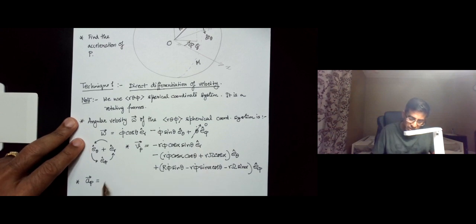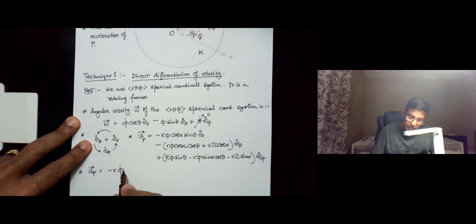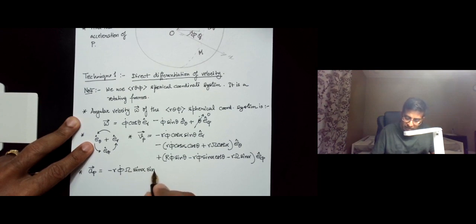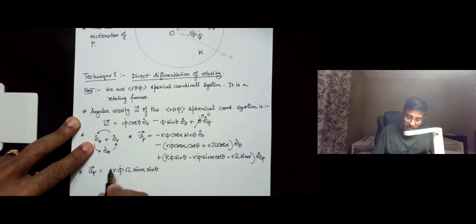So if we differentiate, we have minus r phi dot cosine alpha. If you differentiate it, it's going to become sine alpha times alpha dot, and alpha dot is capital omega. So sine alpha sine theta, and cosine alpha differentiated is minus sine alpha.